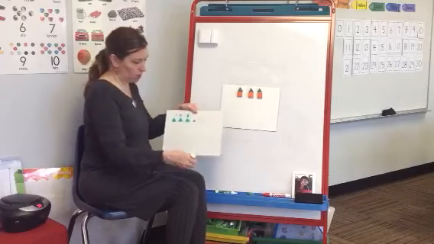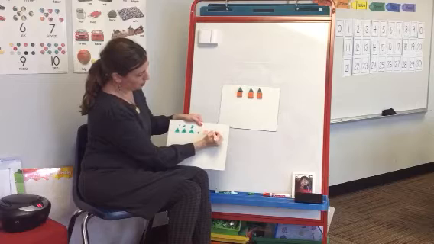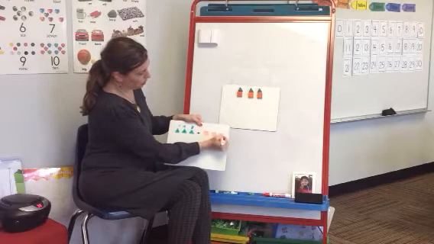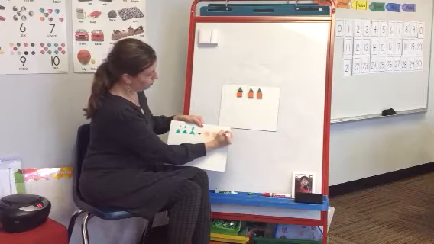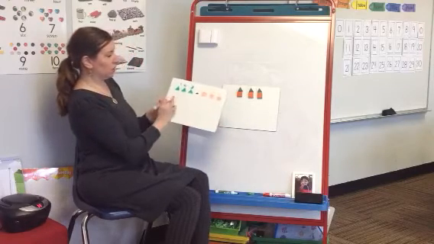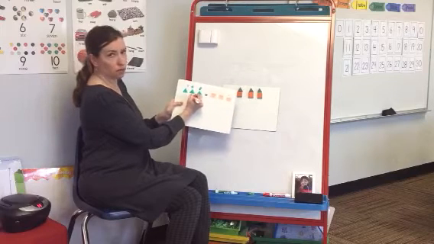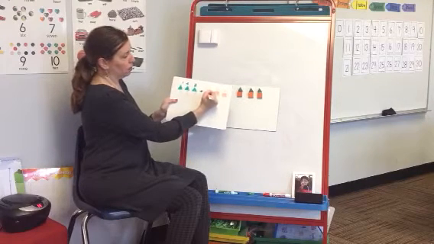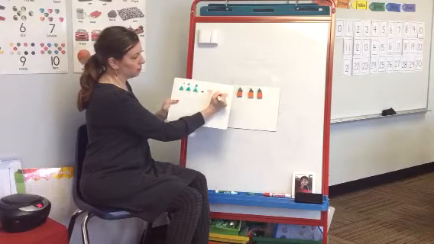So let's count the squares. 1, 2, 3. So if you added them all together and counted them together, it would be 1, 2, 3, 4, 5, 6.